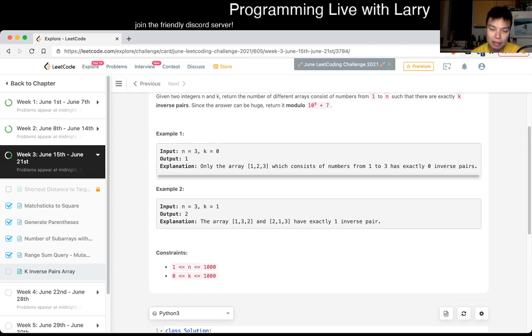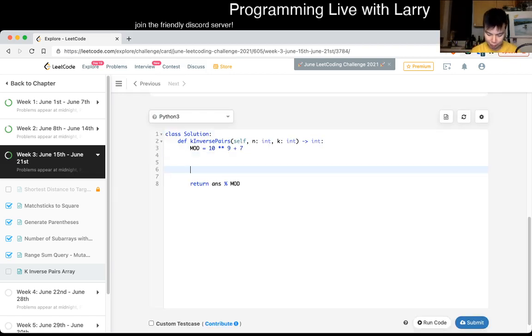If I start at one and then I insert two, there's two ways to insert two, there's three ways to insert three, and so forth. Of course, that's going to be n factorial, even if you do some crazy caching. So that's not going to cut it, and that would not be n times k either.